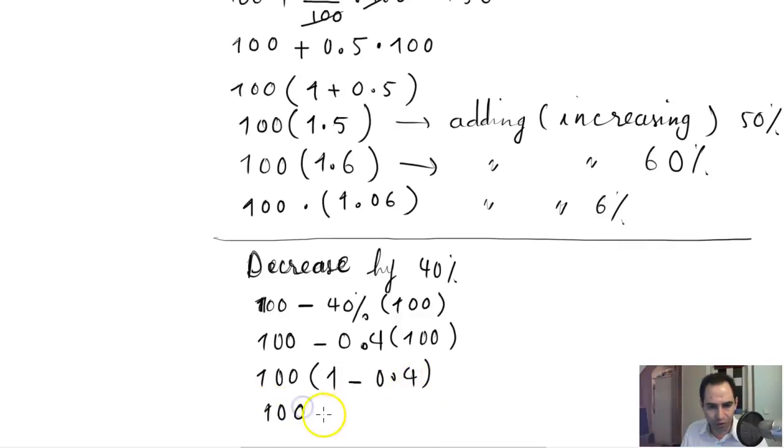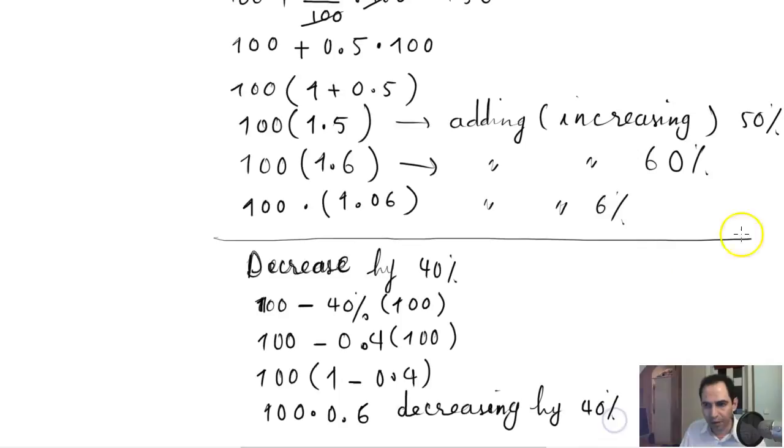So this becomes 100 times 0.6. So whenever I multiply 100, for example, any number is possible, of course, by 0.6, that means I am decreasing it by basically 40%.